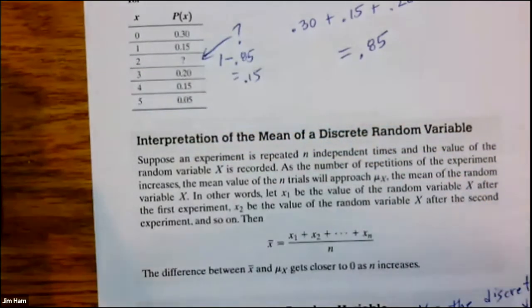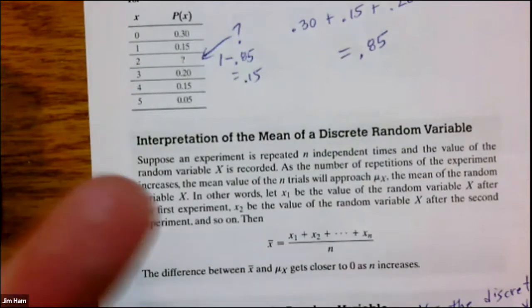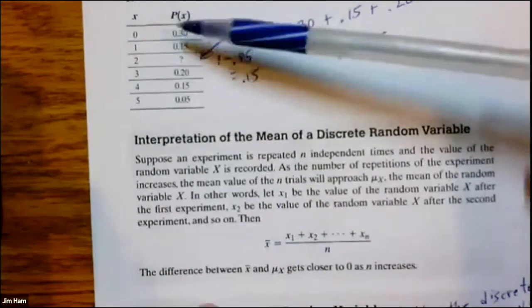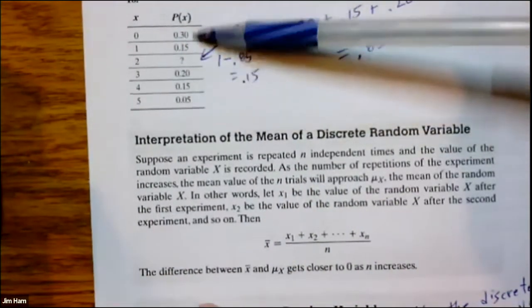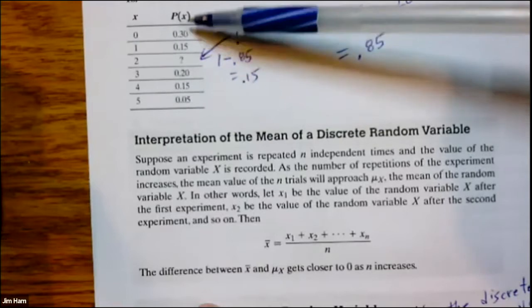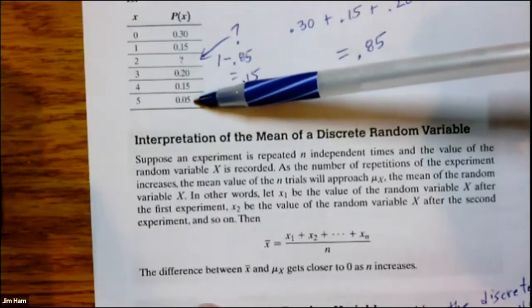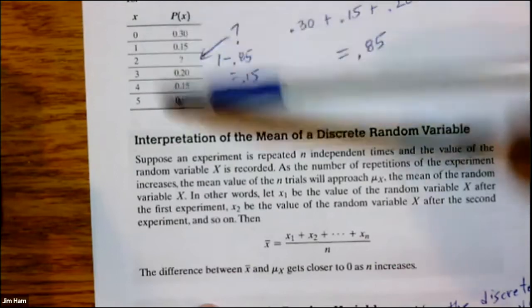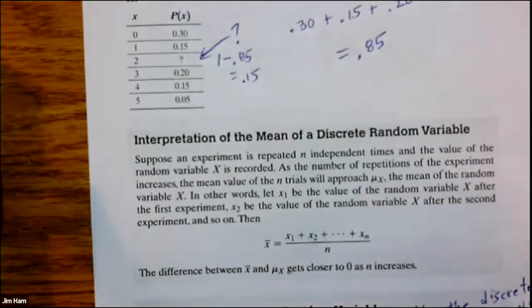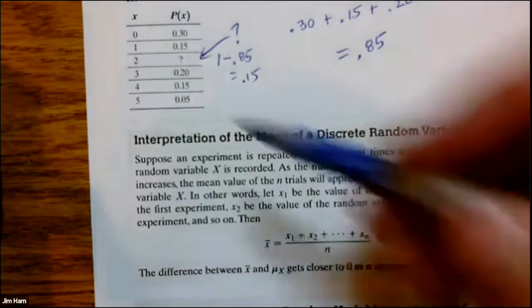The question is, in the long term, if you've spun this spinner or rolled this die billions and billions of times, what would be the average roll if these probabilities hold? They're not equally likely, as you can see, because 0 is going to occur more often than say the 5. But with these probabilities, what would you expect the roll to be? Or what would be the long-term average of all those numbers?